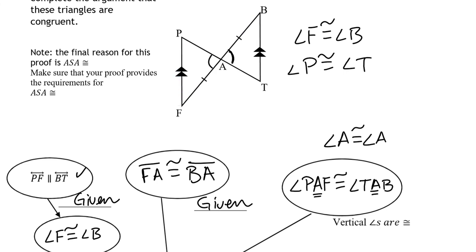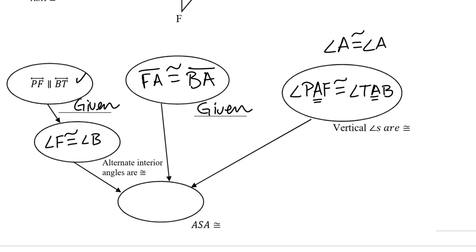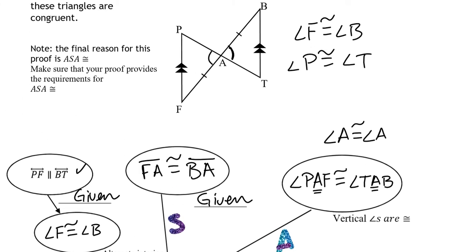So now it's just a matter of, you can see I've got an angle, I've got the side, and here is another angle, and the order that they are in the diagram is actually angle, side, angle. So let's go ahead and just write out which two triangles are congruent.